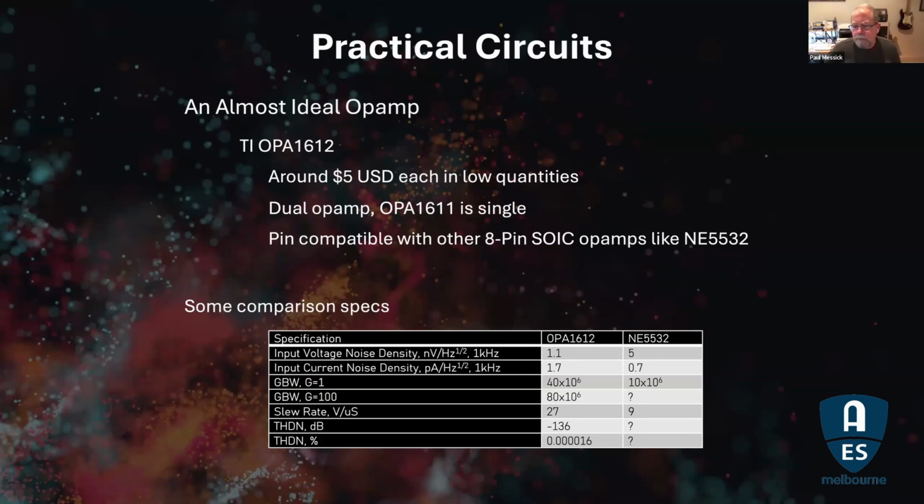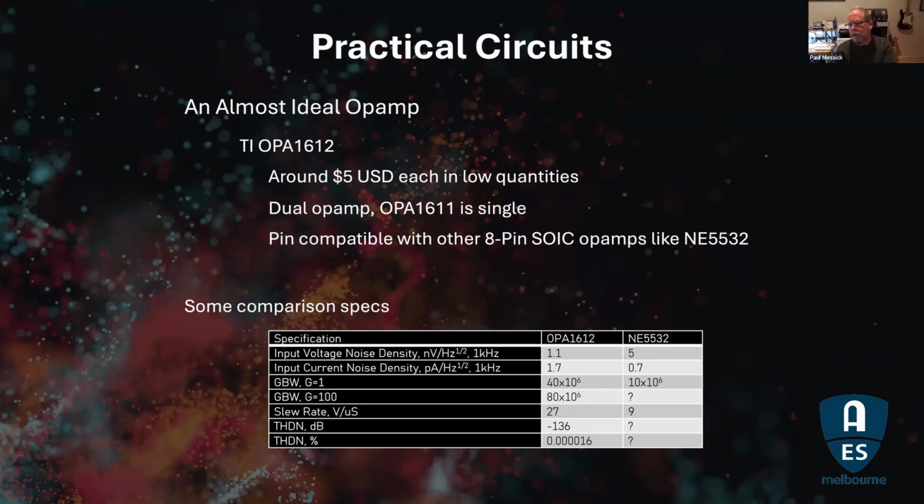So to get down to what's a practical circuit, op amps have come a long way from the days of the 5532. There's a whole series of them, but I'm going to pick one of these, the OPA1612. They're not cheap, $5 USD each in low quantities.